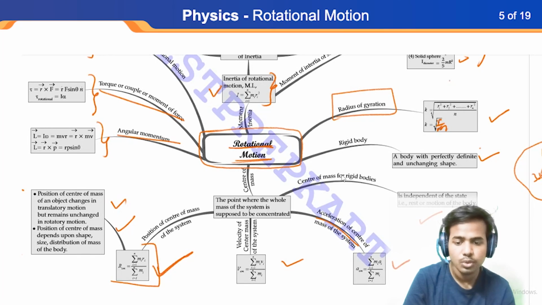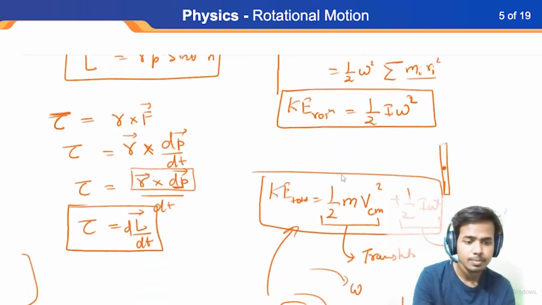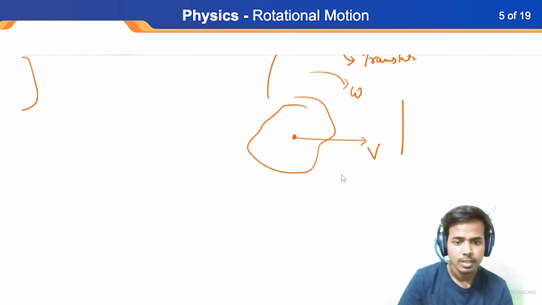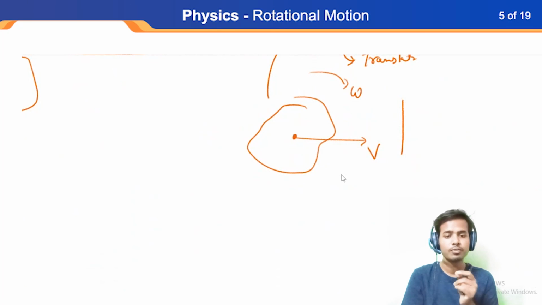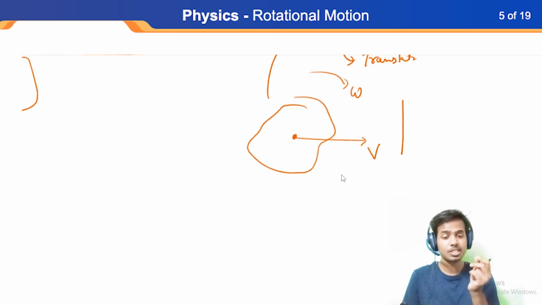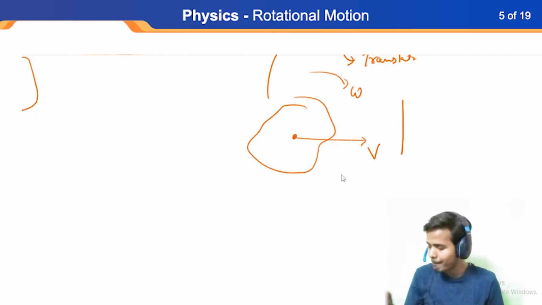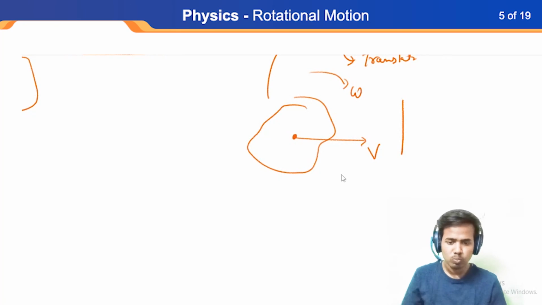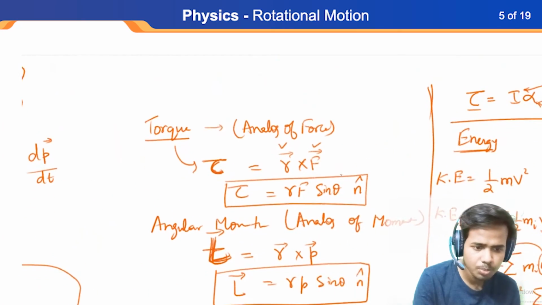The whole exercise of doing the center of mass was because in the end you will have to use the center of mass in different types of mixed motions in which both translation and rotation are there. I hope this was clear.